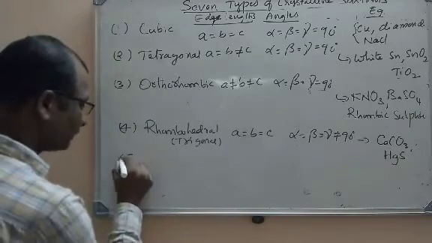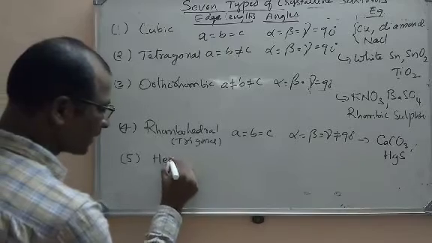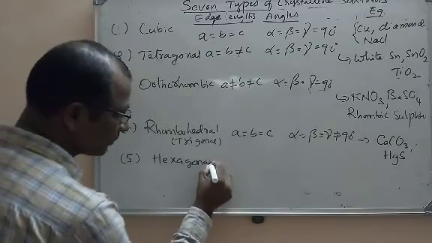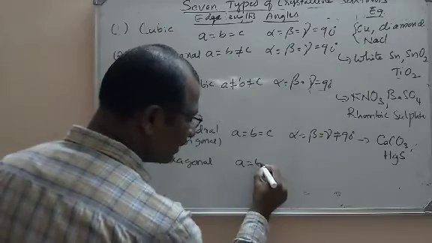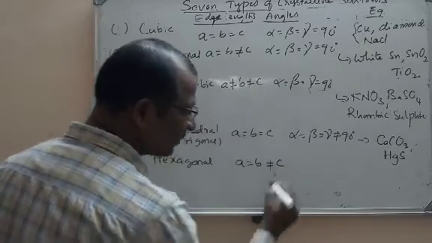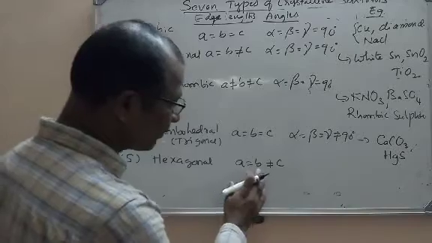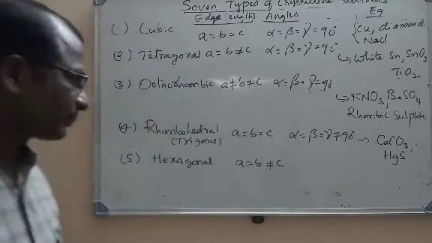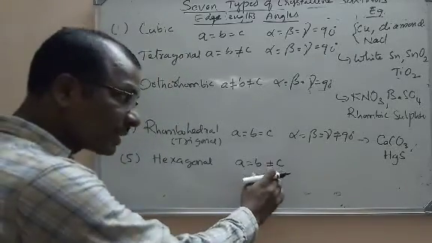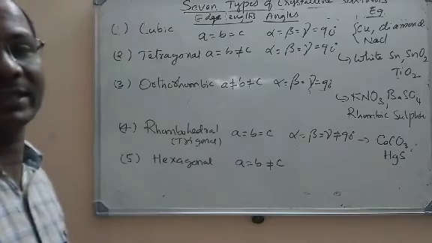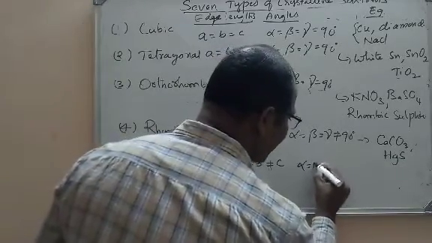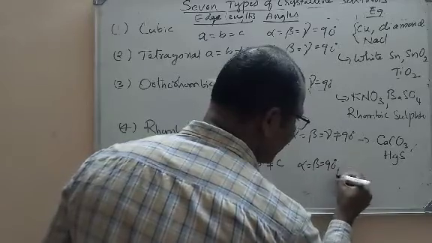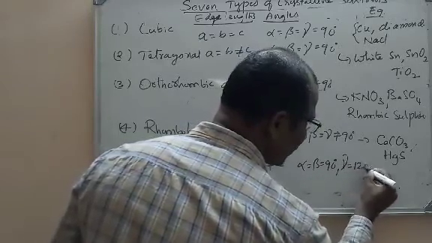Let us go for the 5th one, that is the hexagonal system. Hexagonal system means A and B are the same and C is different here. A is equal to B, and it is not equal to C. And also here alpha is equal to beta is equal to 90 and gamma will be 120 degrees.